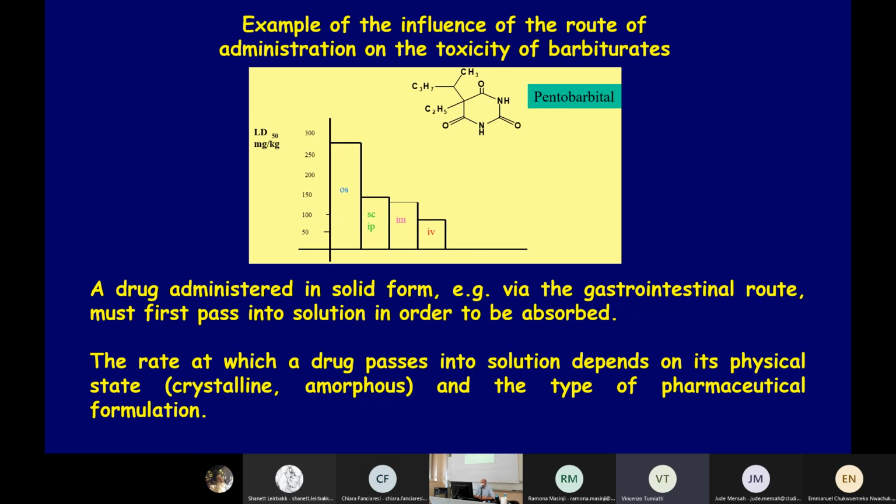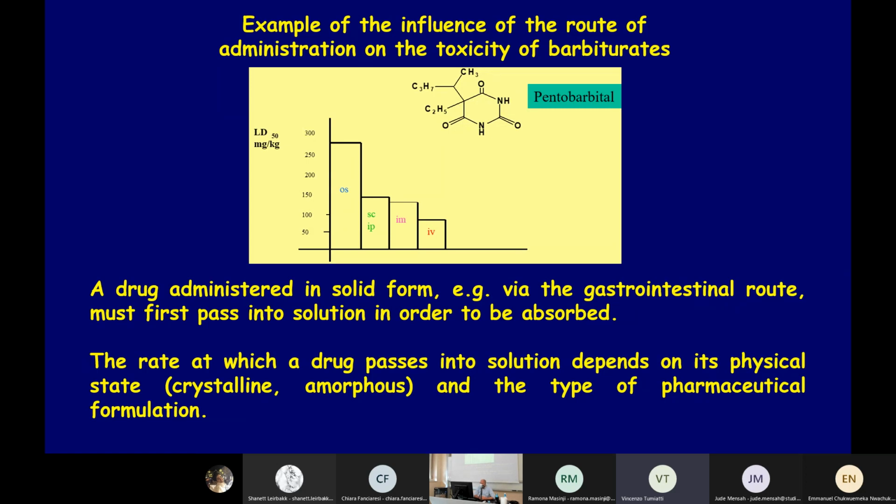Also, if you want to introduce your compound by injection, you have to dissolve your compound in a physiological medium, pH 7.2, and then you can inject this solution.